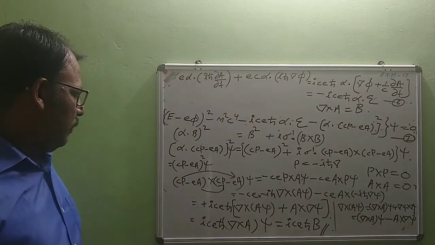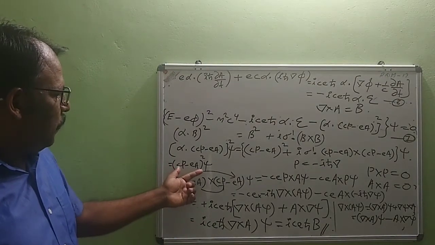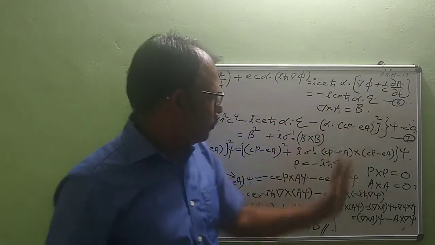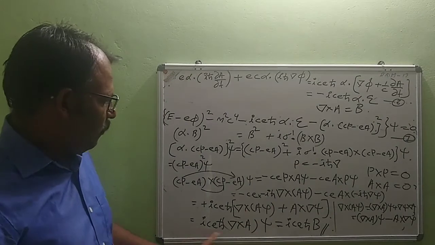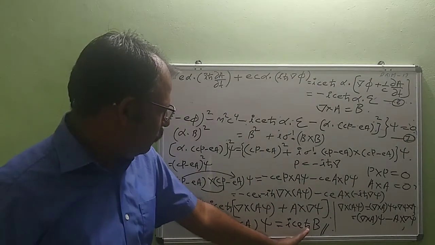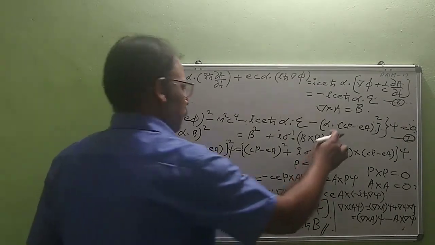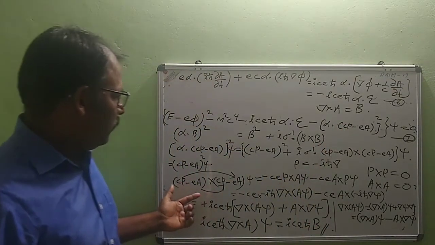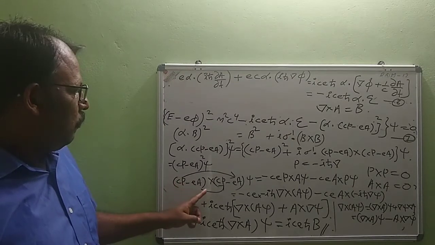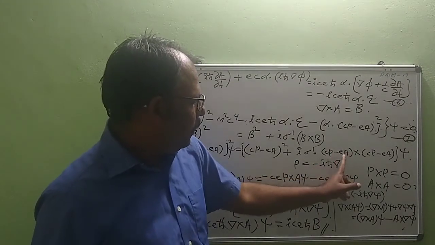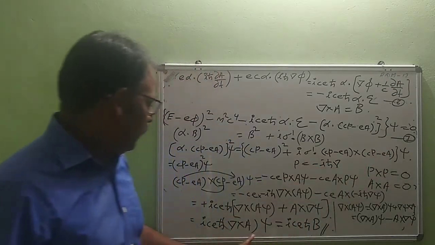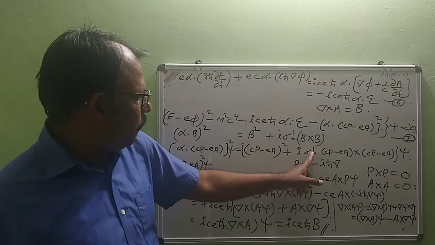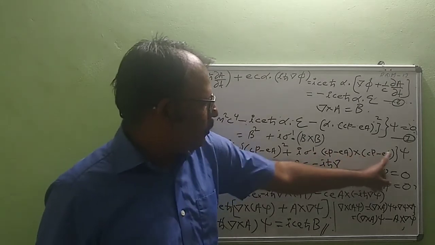So for this last term, alpha dot Cp minus Ea the whole square, instead of that term I am writing i e h bar B. Here it is i sigma prime dot Cp minus Ea into Cp minus Ea.